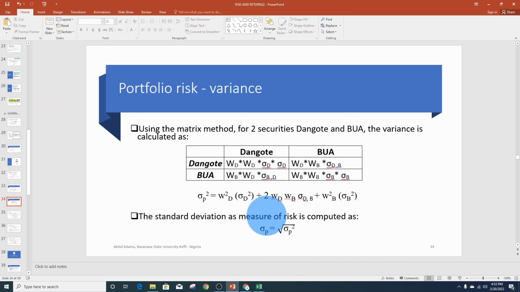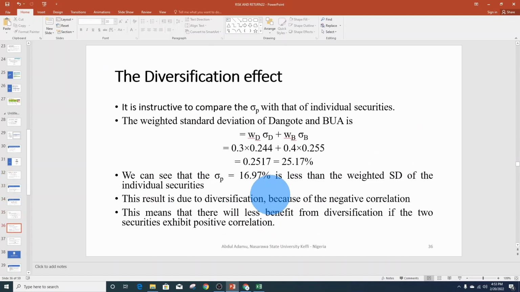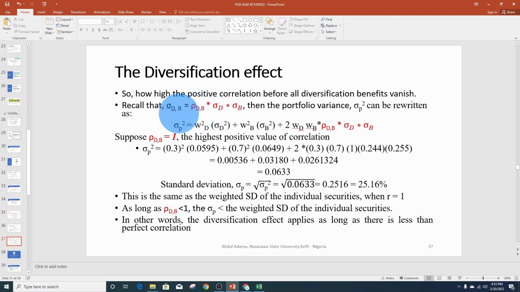So if we bring that, we can change our covariance to correlation times the standard deviation of Dangote and the standard deviation of BUA. We represent it in our formula on variance, where we say 2 times weight of Dangote, weight of BUA. Instead of covariance, we now represent it by this.